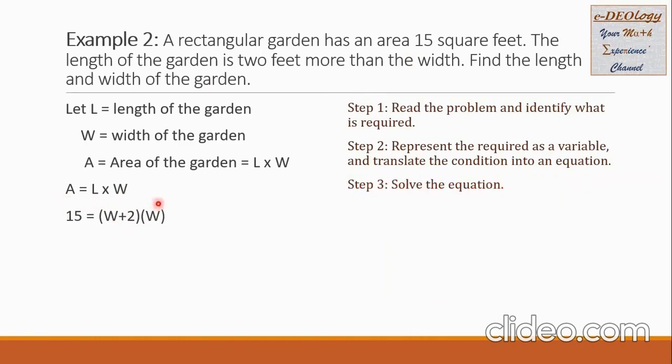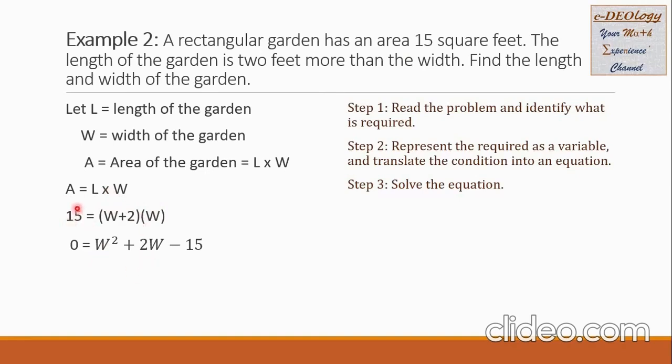And step 3, we will solve the equation. This means the W I am going to multiply to the binomial W plus 2. So W times W is W square, and W times 2 is positive 2W.